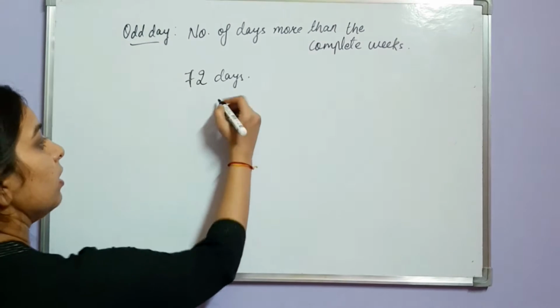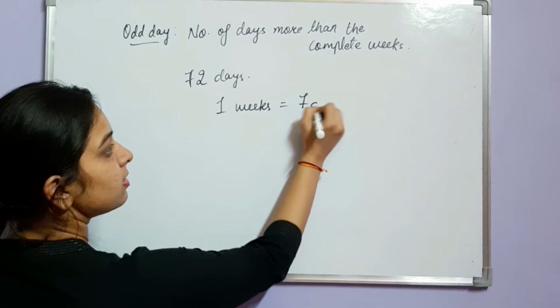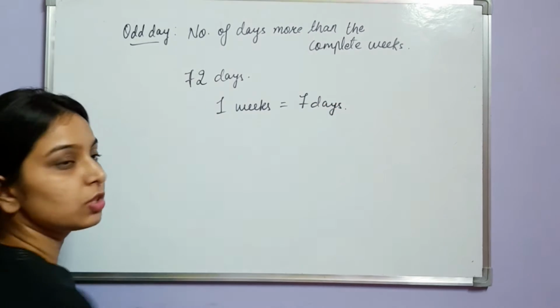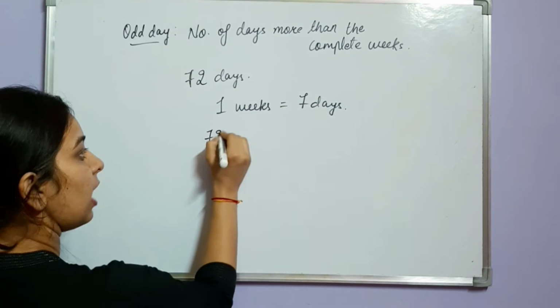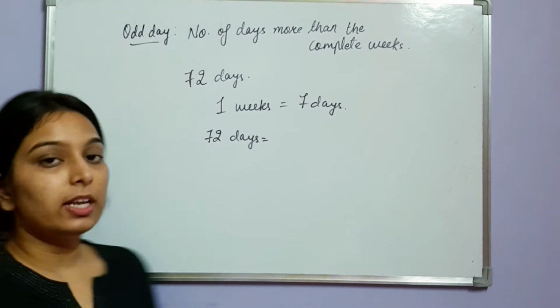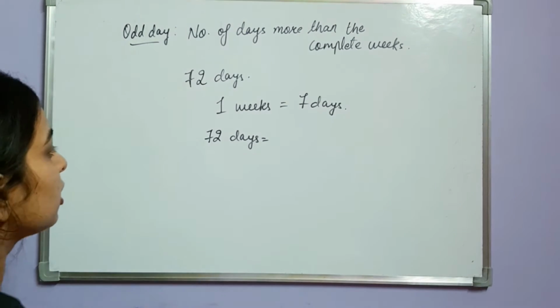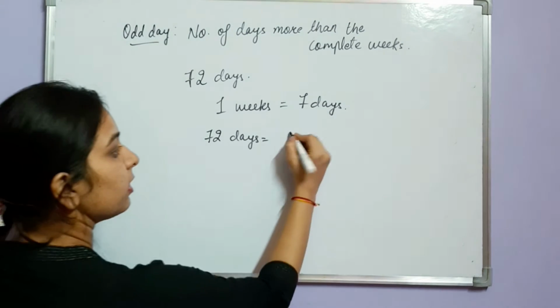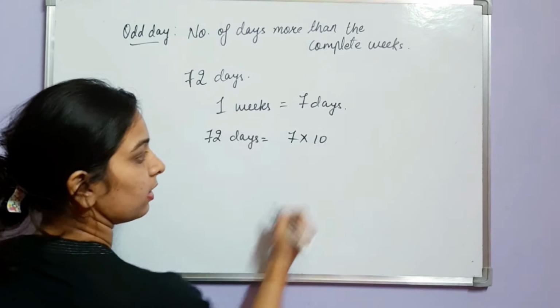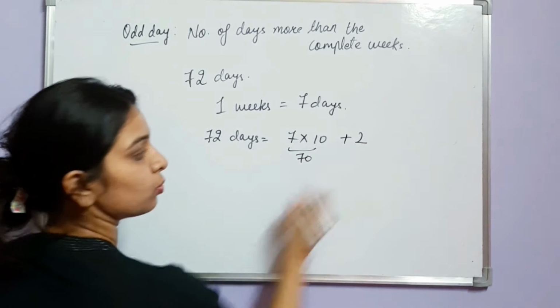In 1 week, we all know there are 7 days. That means we have to first of all find out how many of the days will be included in making weeks. That means we have to find out the closest multiple of 7, that is 7 into 10 will be 70, plus 2.